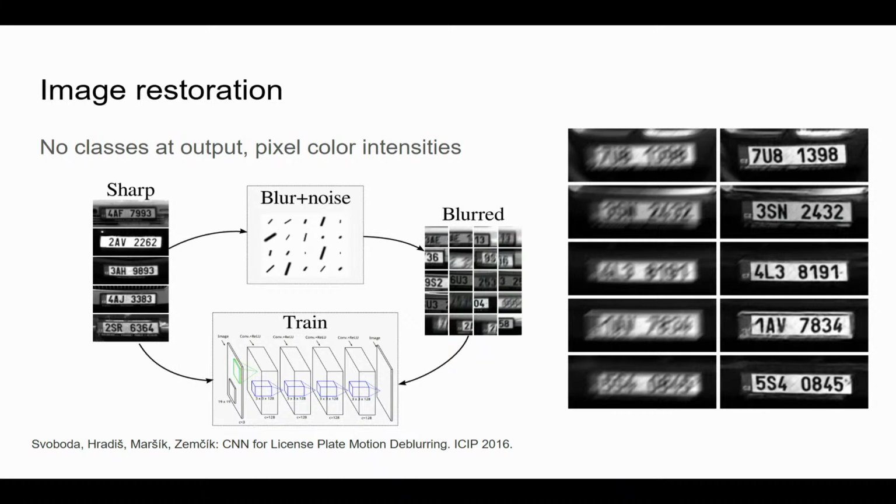So I can take something like the segmentation unit, which for segmentation predicts probabilities of classes, but I can predict directly the pixel values, like the colors of the pixels.